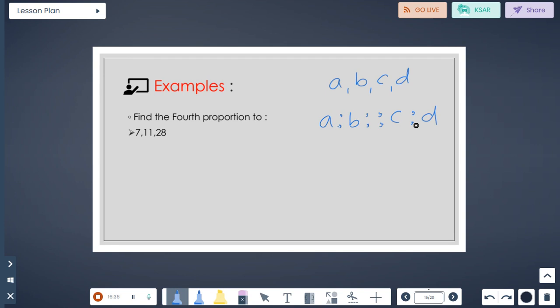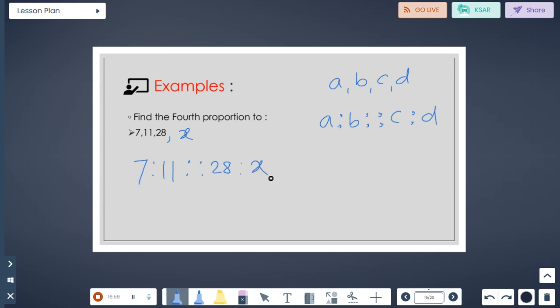In this example, suppose the fourth number is small x. So these 4 numbers are proportional, that is, 7 is to 11 as 28 is to x.